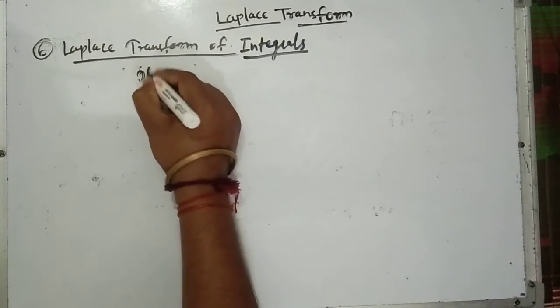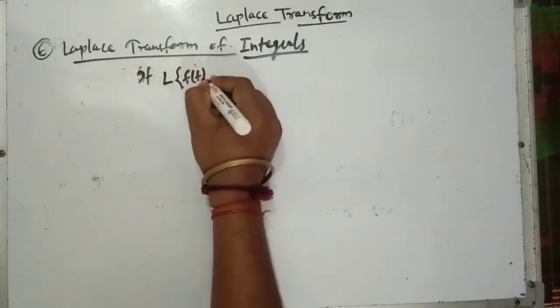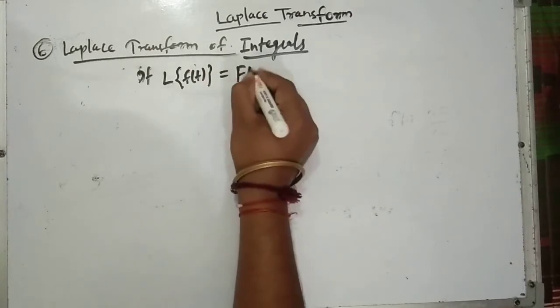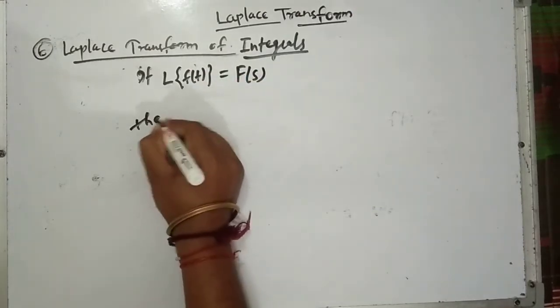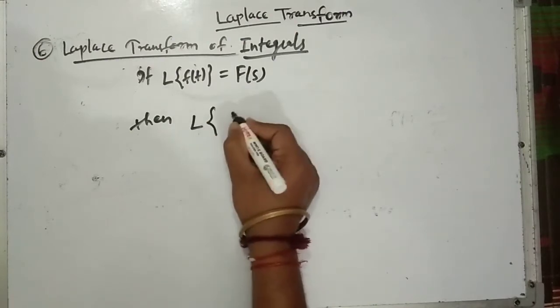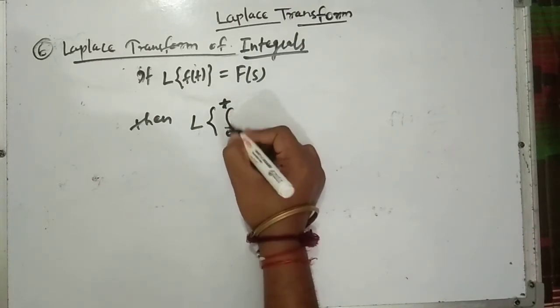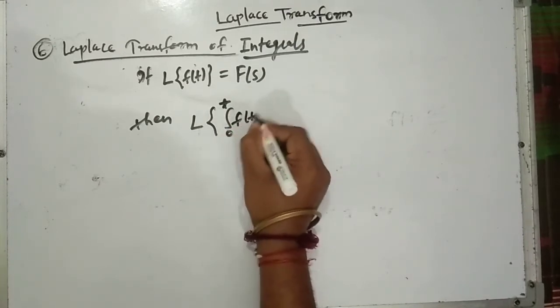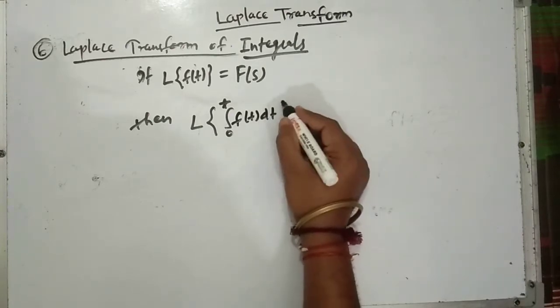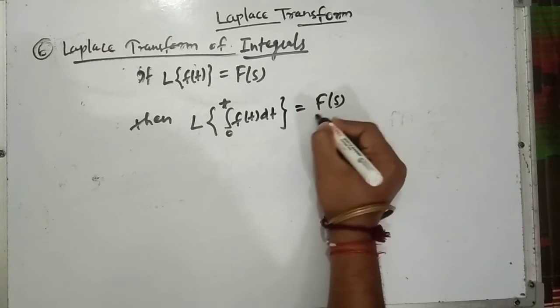If L of f(t) is equal to F(s), then the Laplace transform of the integral, with limits of integral 0 to t, f(t) dt, is given by F(s) by s.